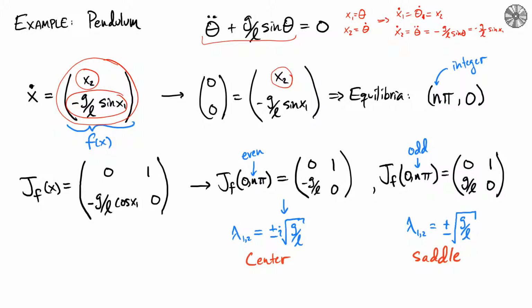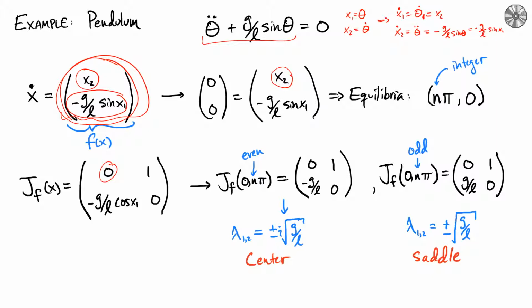What we're going to be interested in then is what does the Jacobian look like? What does that linear behavior look like at each of those equilibria? If we take the Jacobian of this general function, we take the derivative of x2 with respect to x1, and that's 0.